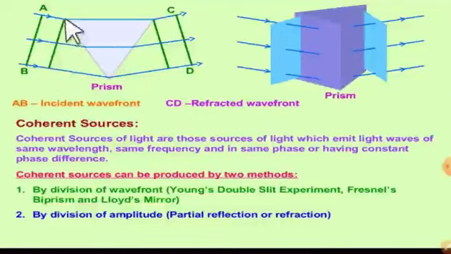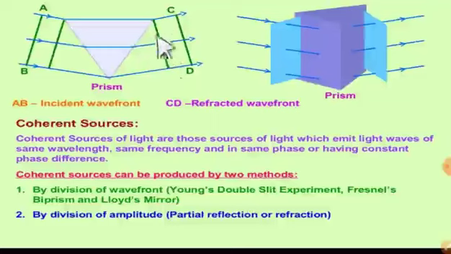Ray 1 has to travel the least distance in the denser medium, while ray 3 has to travel the longest distance, and ray 2 is in between.